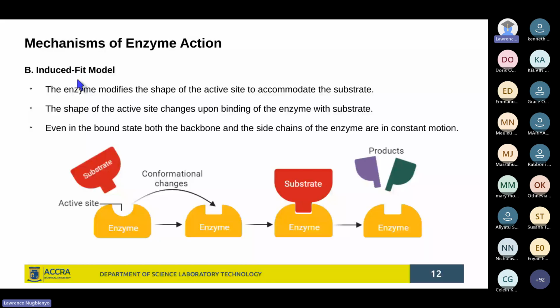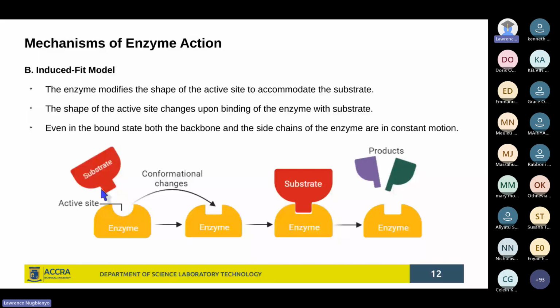And that induced fit model refers to the fact that a substrate actually induces an enzyme to have some conformational changes in its active site, so that the active site now fits to the substrate. So what you see here is an active site depicted as having some round shape, which does not fit the square shape of the substrate.